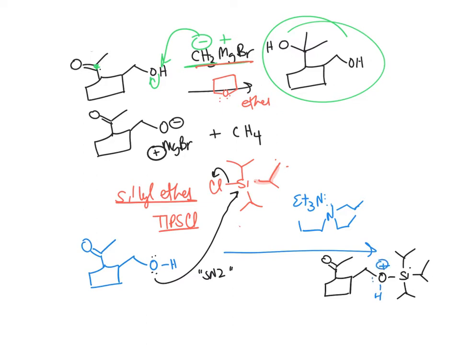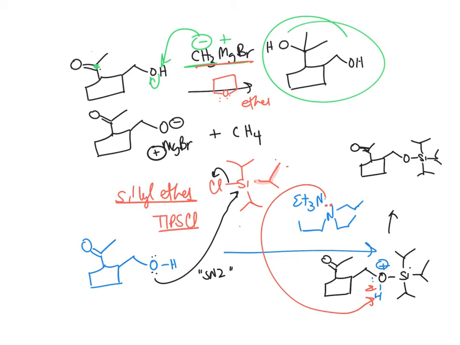this, and then what happens is the triethylamine here will come and deprotonate, and you will get a carbonyl, and you get this silyl ether. This is a silyl ether.